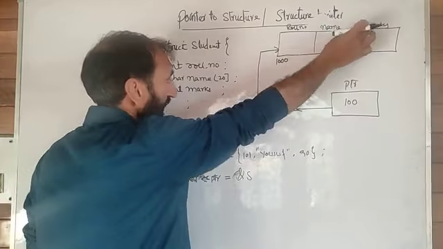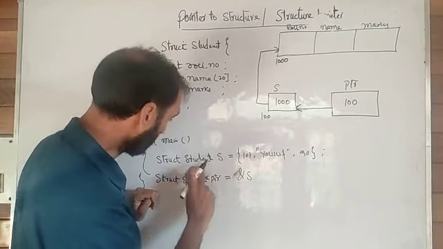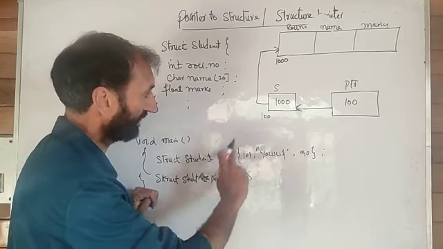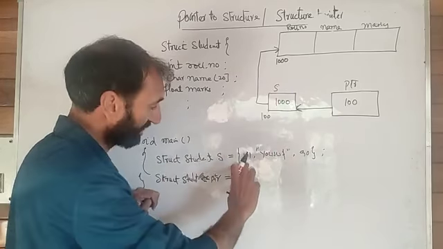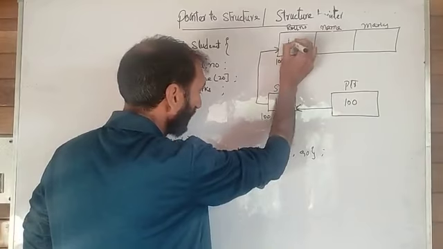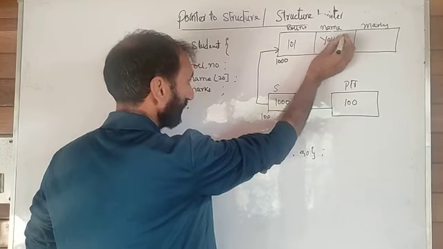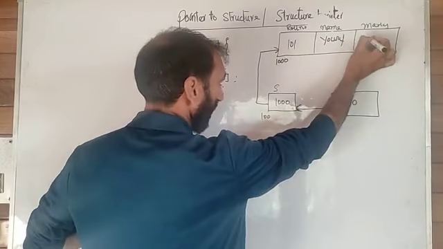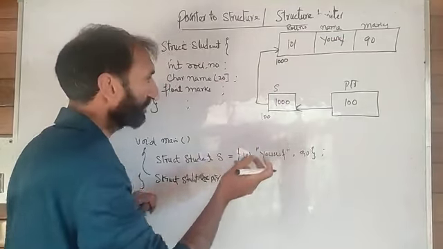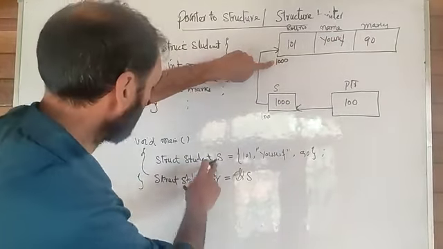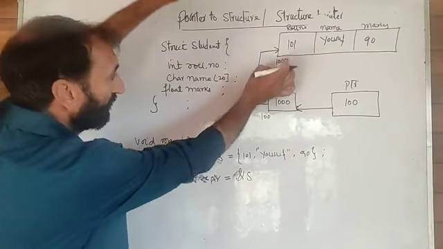Roll number, name, and float marks. Here I have declared as well as initialized the object. This S, I initialized with 101. That means 101 is the roll number, name is Yousuf, and 90 the marks. Obviously, this is the base address because the name of the variable here contains the address of the first byte.